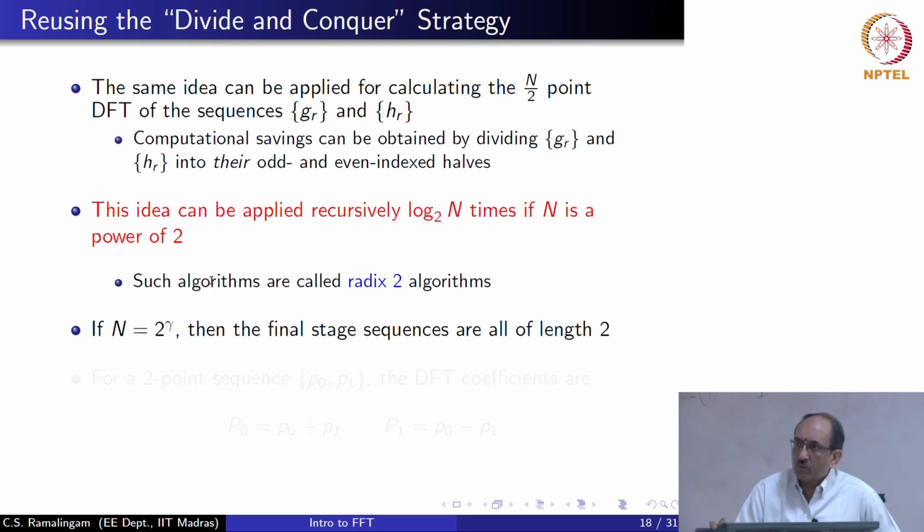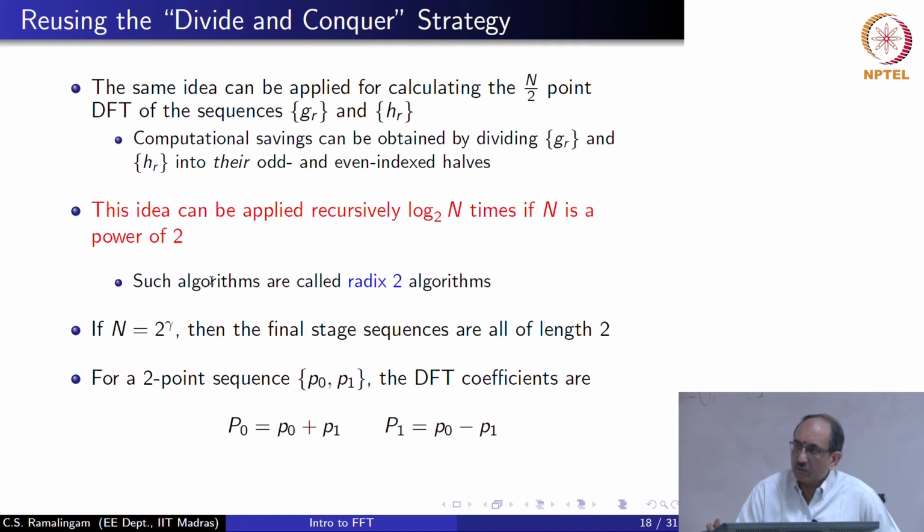What about the smallest length DFT that you have to compute, which is the 2-point DFT? If you keep dividing by 2, you will reach a stage where the individual sequences are of length 2, and the length 2 DFT is the easiest DFT you can think of, because you are evaluating the transform at 0 and at pi.